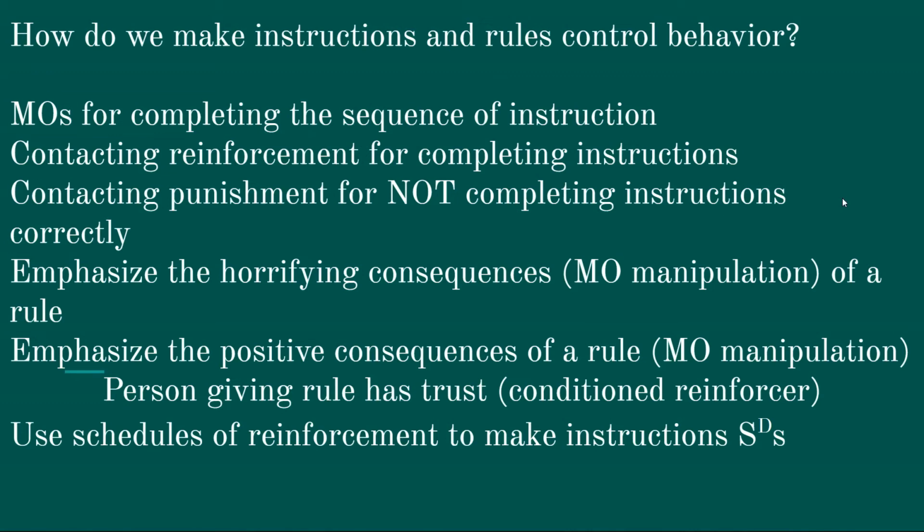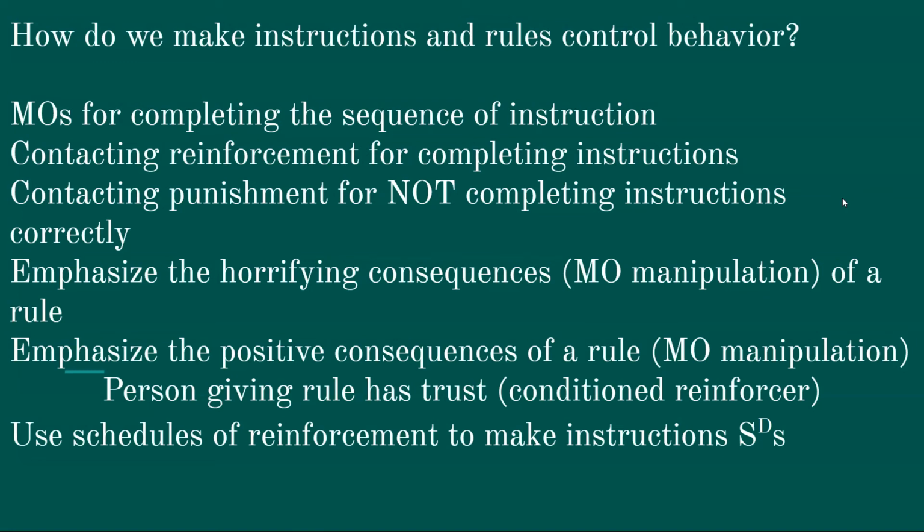Okay. So I thought, because I knew some of these questions would be easy, and you guys just rocked it, I was hoping to confuse some of you. So let's talk about how you, and this is the G-6 we're talking about, use instructions and rules. So if you just think intuitively about how instructions or rules are more likely to be followed, here are some ideas for that. So MOs for completing the sequence of an instruction.